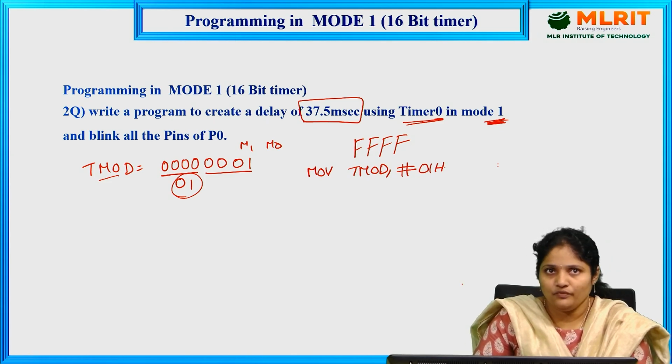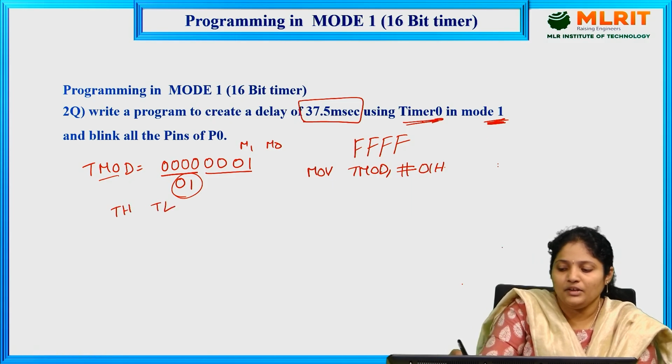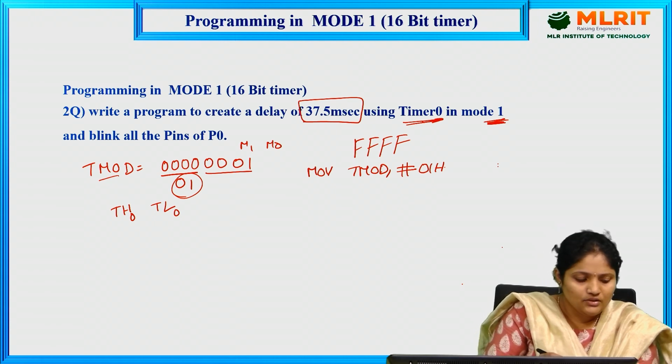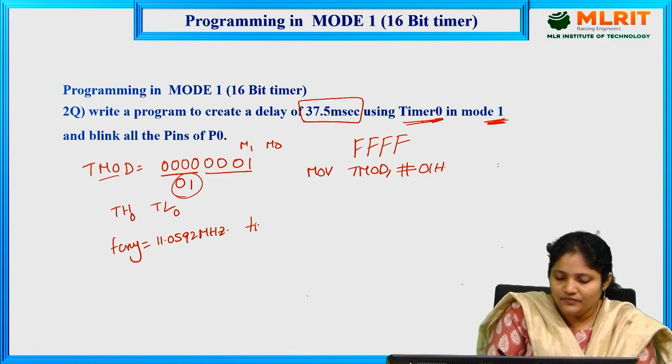Now we need to find out the TH and TL values. Here we are using timer 0, so we need to find the TL0 and TH0 values. The same regular procedure: as we all know, the frequency of the crystal oscillator is 11.0592 megahertz. So we need to find out the timer's frequency.